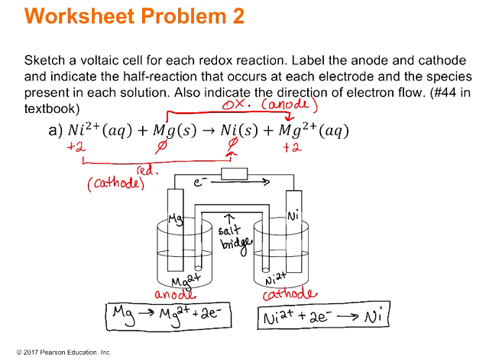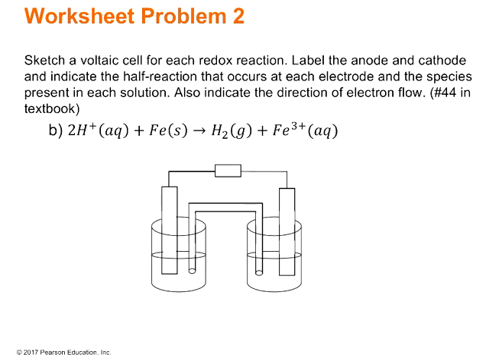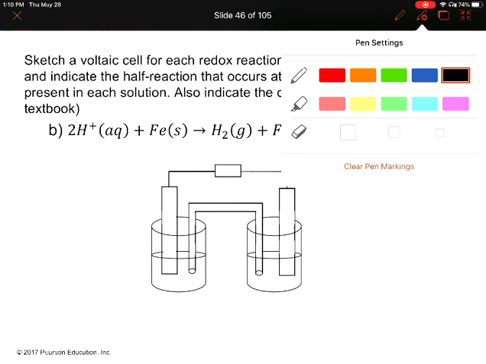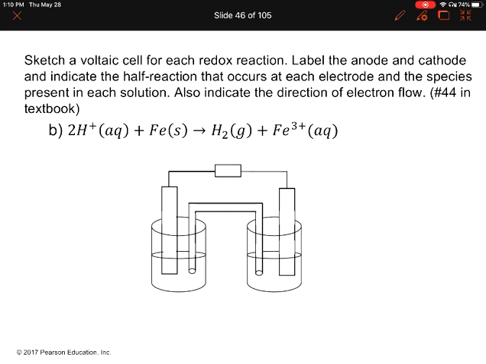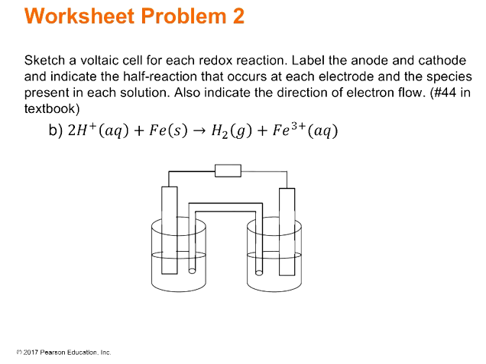All right, so now let's look at the second reaction. And let's assign some oxidation numbers. So we have hydrogen ions reacting with pure iron, which will produce hydrogen gas and iron ions. Hydrogen initially has a +1 charge, so its oxidation number is +1. Iron is neutral.